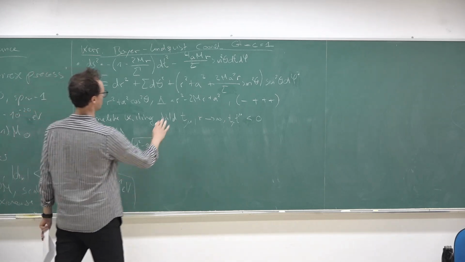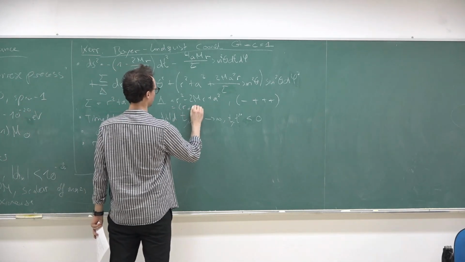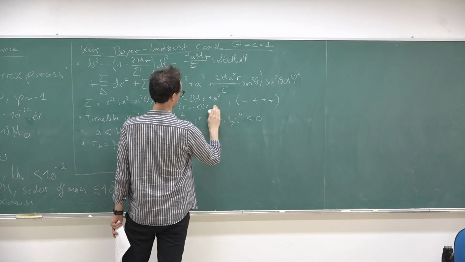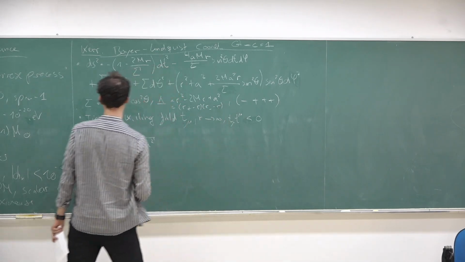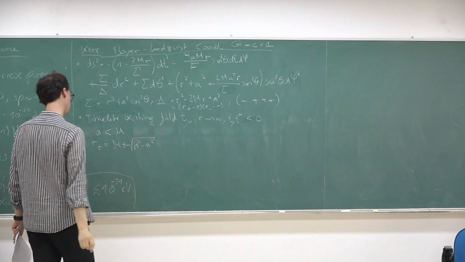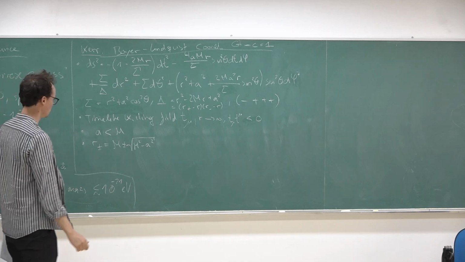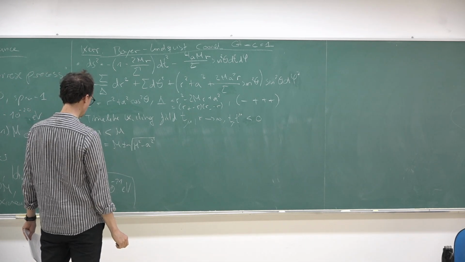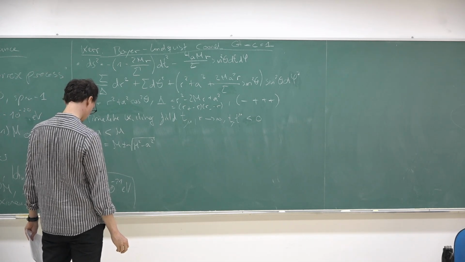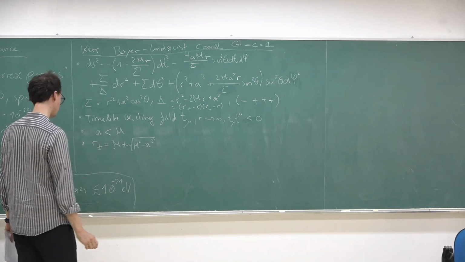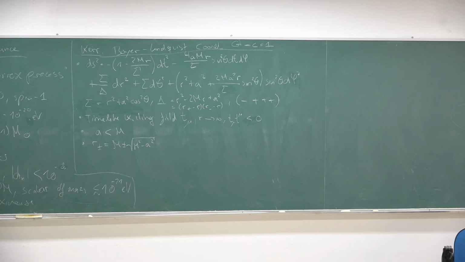You can see this because delta factorizes in the following way, where r minus is just the minus root. So r minus goes to 0 when the spin goes to 0, and r plus goes to the Schwarzschild value.